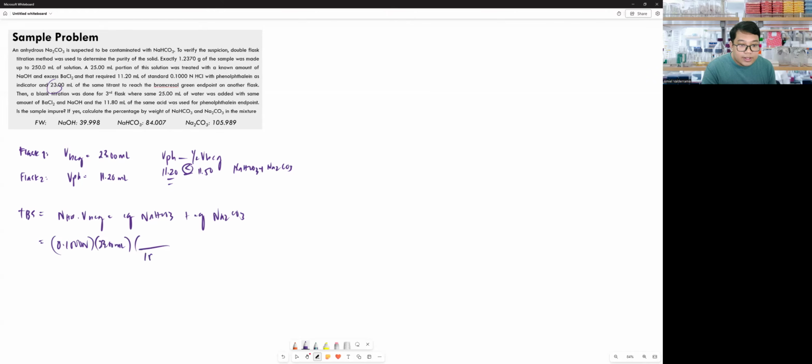Then 1,000 ml, 1 liter. And let's label that as letter A, equivalence. Okay? Then, for the second flask, what happened in the second flask? He used 11.2 of phenolphthalein. But we have a treatment of NaOH and barium chloride.